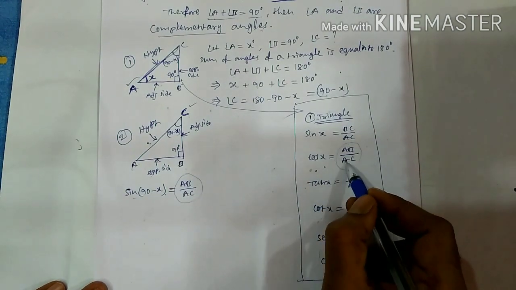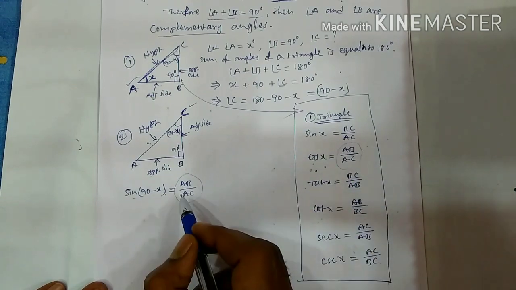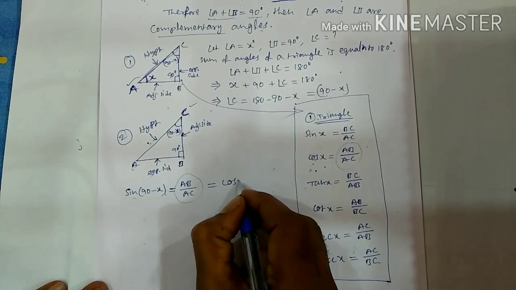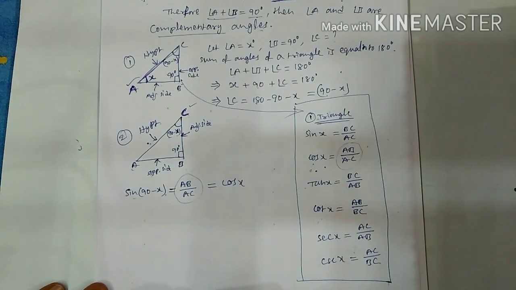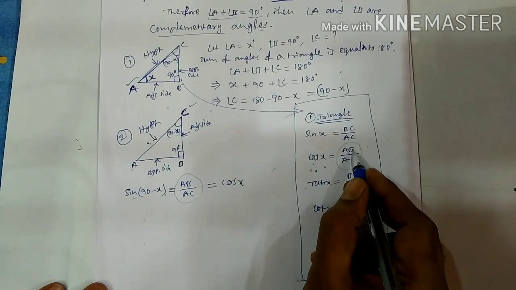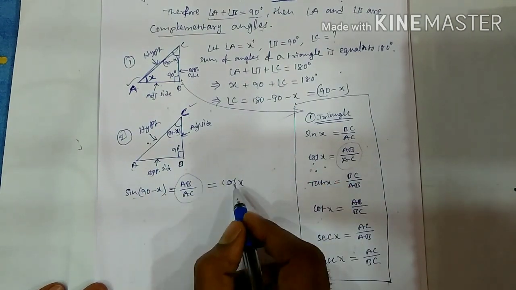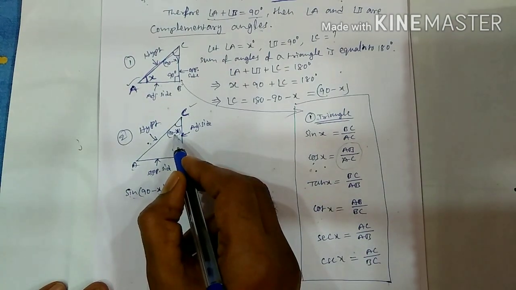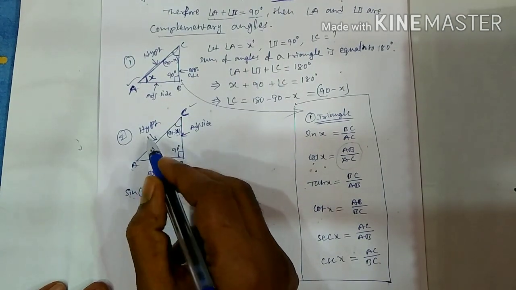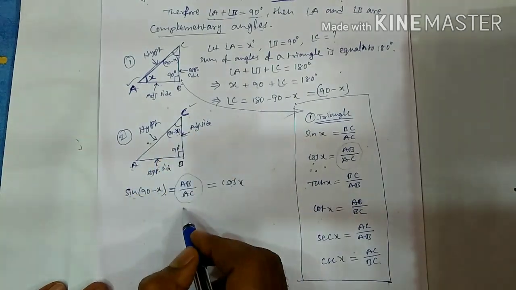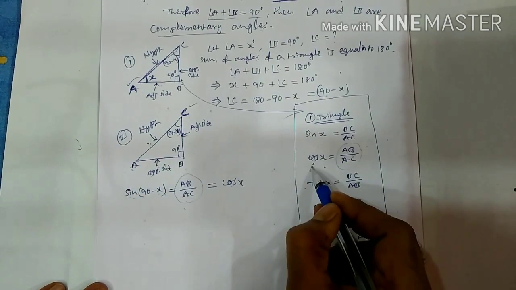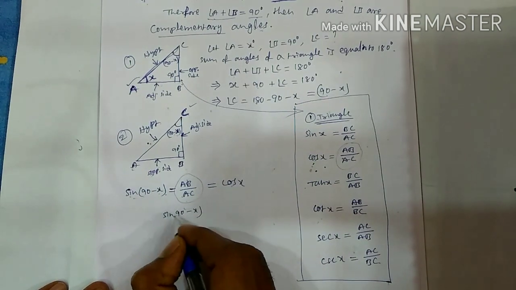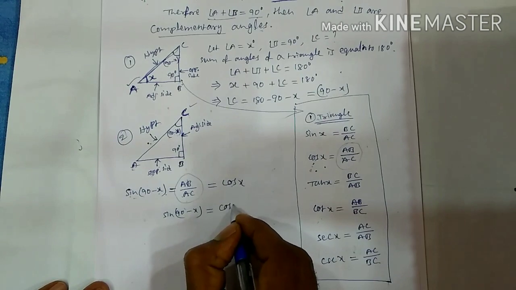It is cos X, from the first triangle. How did we get it? Sin 90 minus X is opposite side by hypotenuse, that is AB by AC, and AB by AC means cos X. So sin 90 minus X is equal to cos X.